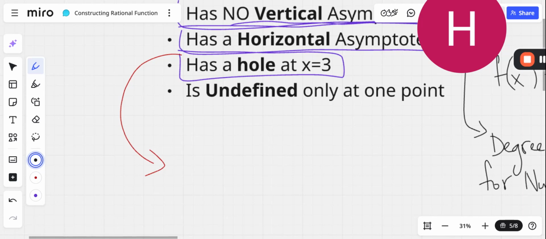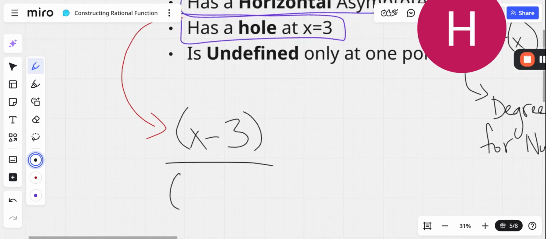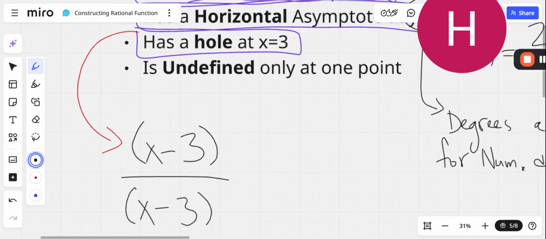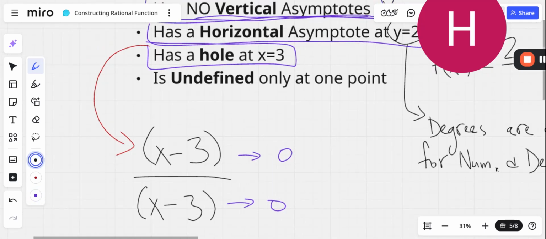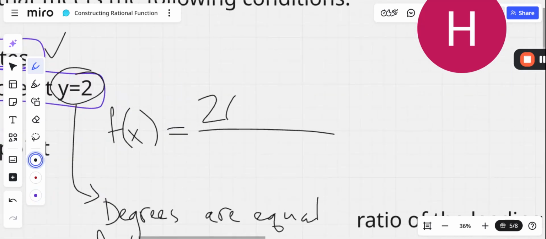If x equals 3 causes a hole, that would be because x minus 3 is a common factor on top and bottom. Think about it. This would be a problem if x equals 3, right? If I try to plug in x equals 3, the top goes to 0 and the bottom goes to 0. So x minus 3 has to be the factor that we're looking at here. Let's go ahead and put that factor on the top and bottom.